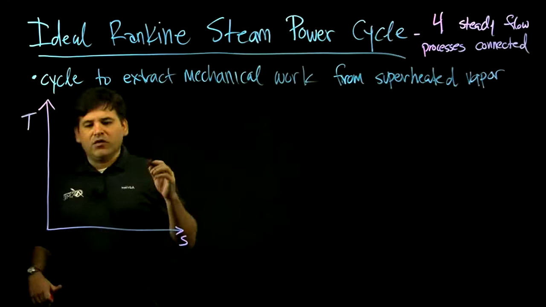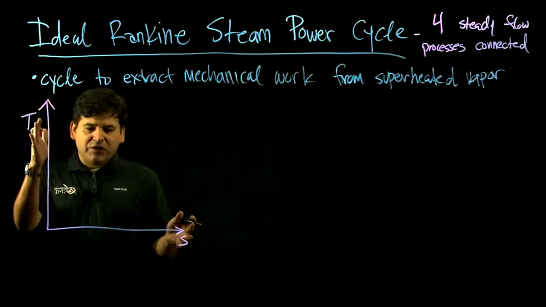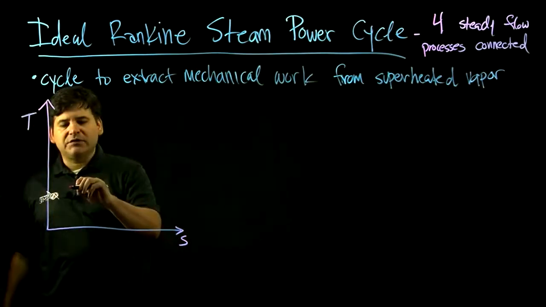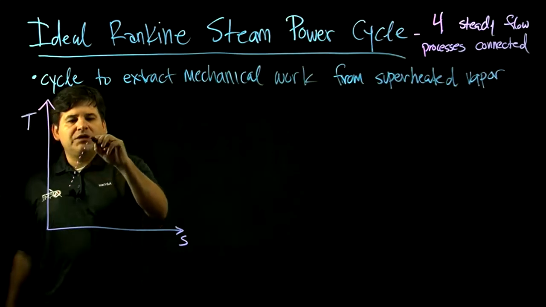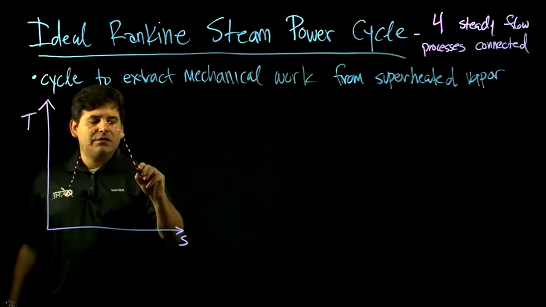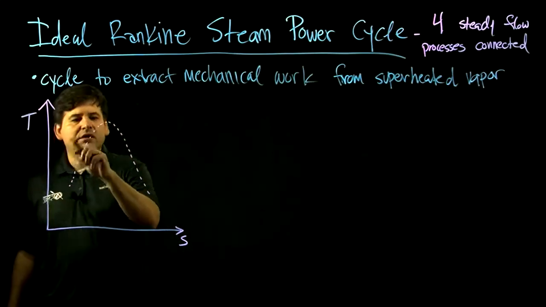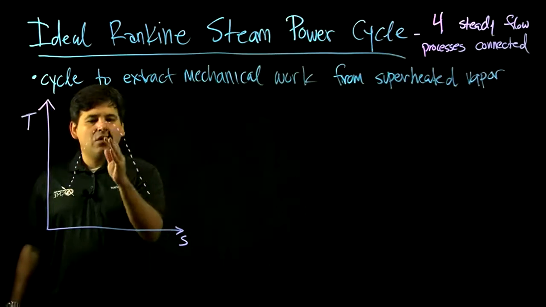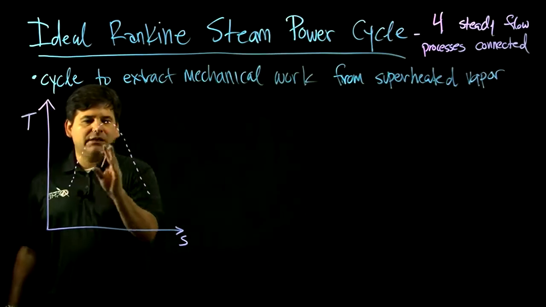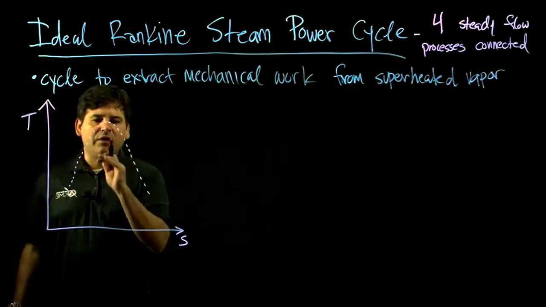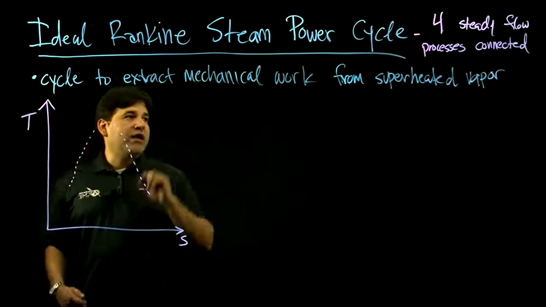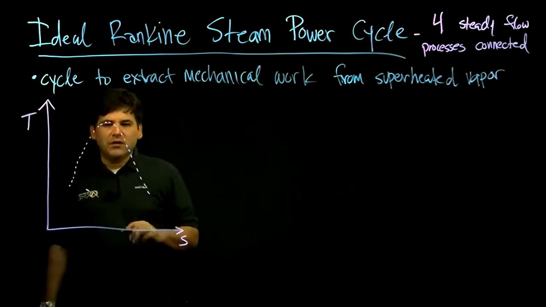Within this range of temperatures and pressures that the Rankine cycle operates around, you have this region where you can have either compressed liquid or superheated vapor, or somewhere in between, a mixture of liquid and vapor. And that's what these Rankine cycles typically operate around.